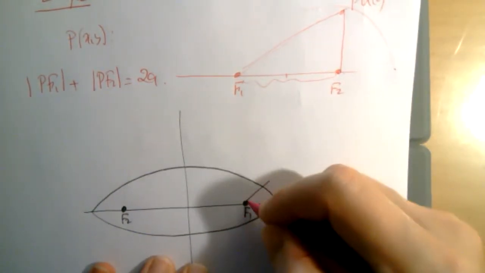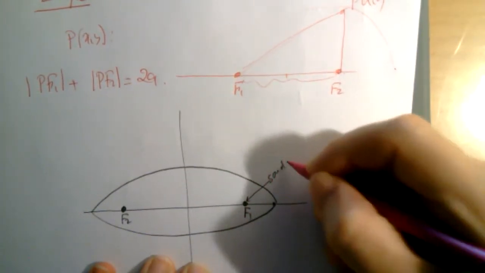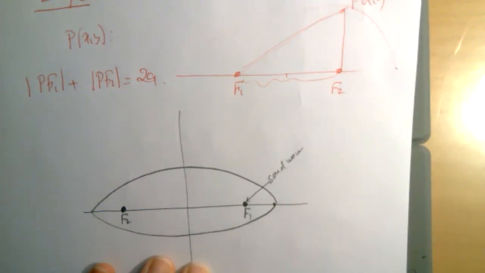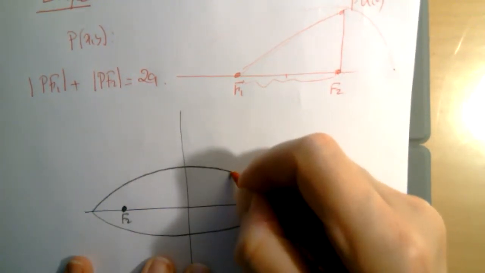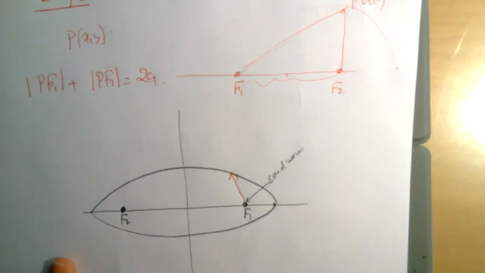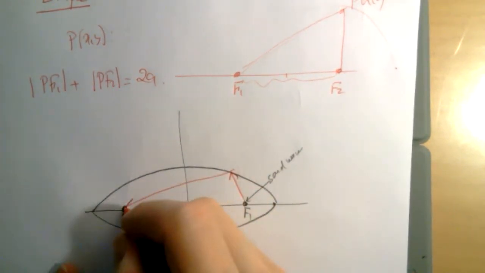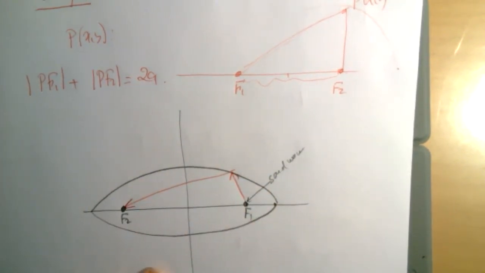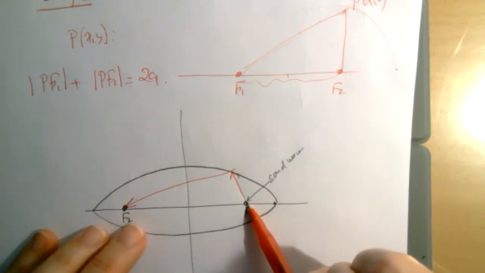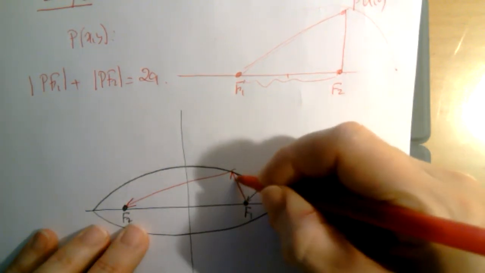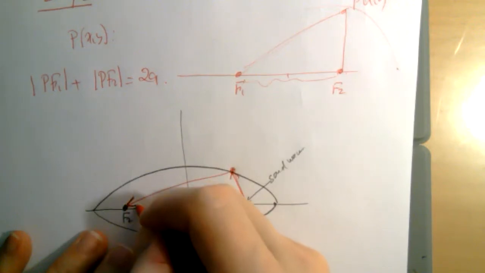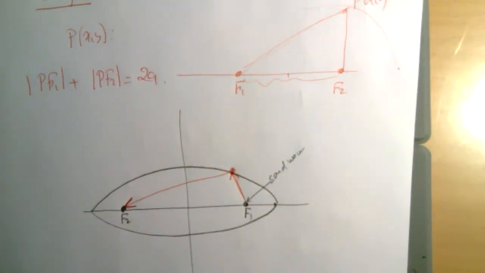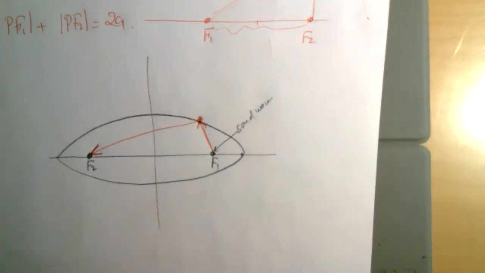If you put something that produces sound at one focus, the sound will go up, hit the edges, and reflect to the other focus. Now, have you guys ever experienced this?